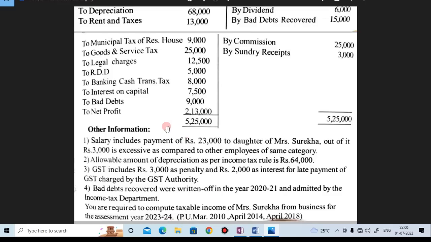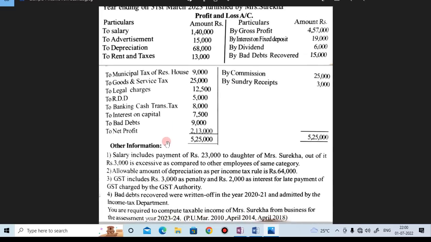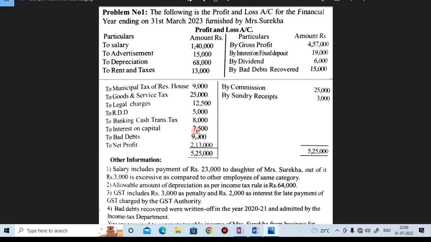This example was asked in university examinations in March 2010, April 2014, then April 2018. So we will solve this example of income from business. I hope you have understood the example.